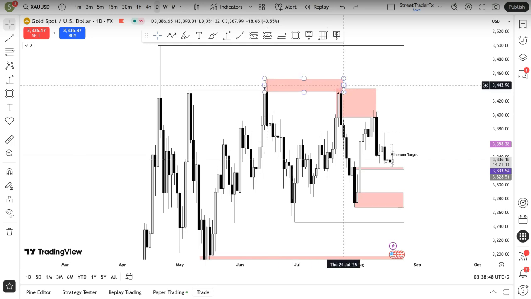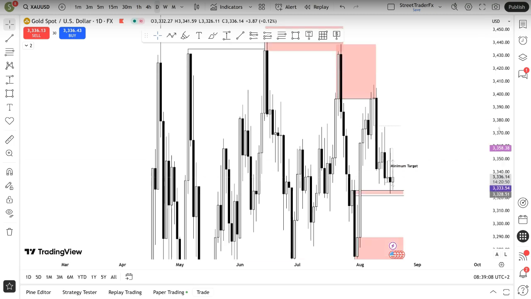When we reacted on this SNR level, we reacted aggressively, and we also created a high probability supply. And then I just marked up the open close, and from this open close of the high probability supply, we created another high probability supply. But last week, we did not trade into the level where we were supposed to.